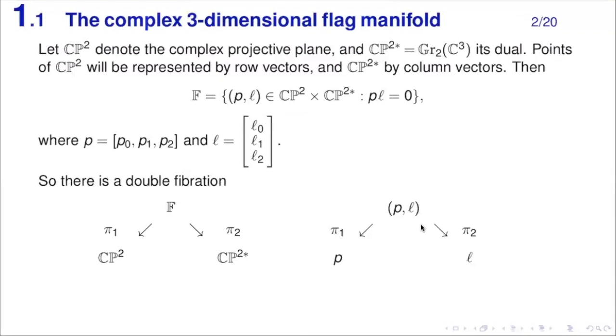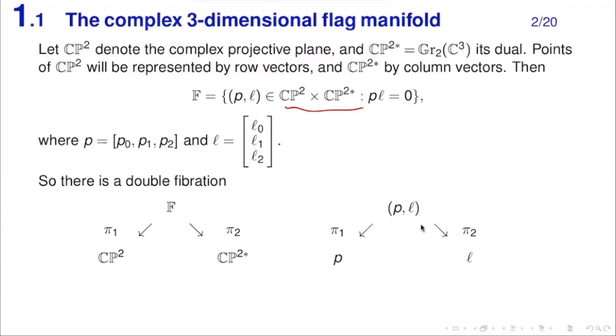The dual is the set of planes in C3. It's a good exercise when teaching undergraduate linear algebra to be very careful to respect the distinction between row and column vectors. I taught linear algebra for many years, and it helps do calculations with the flag manifold to keep that distinction very clear.